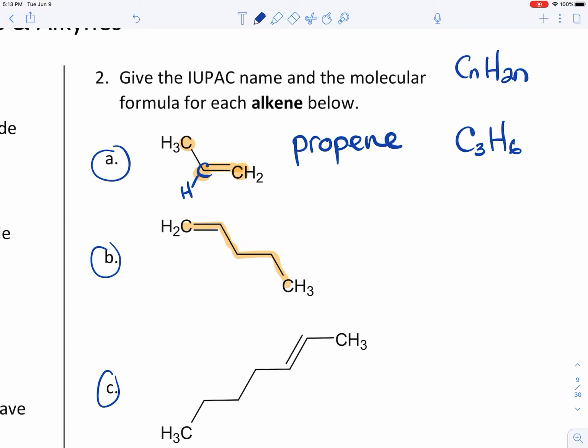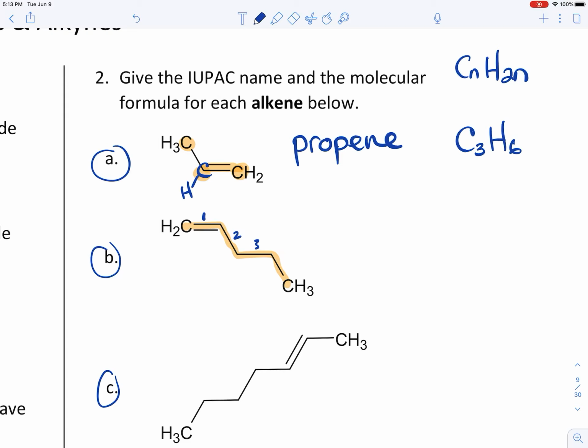But we have to go a bit further, because now we have the double bond where it could have been in more than one place. In this molecule, the double bond is the first bond, but it might also have been the second bond in the molecule. If it were the third bond, then we would have needed to count from the opposite side of the molecule.